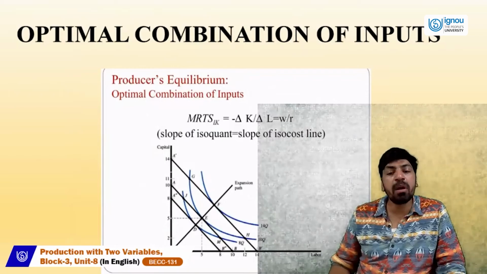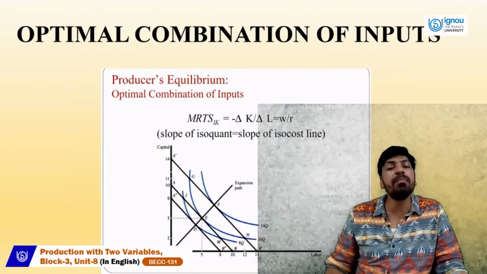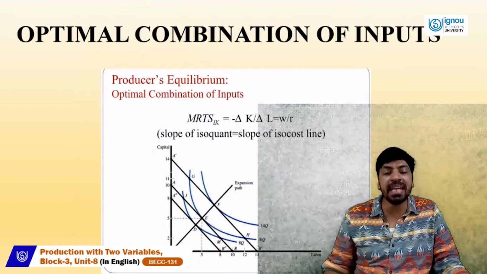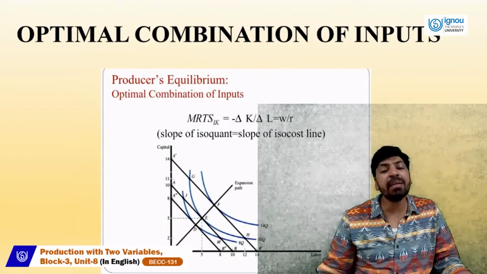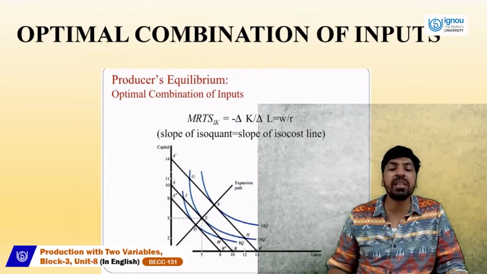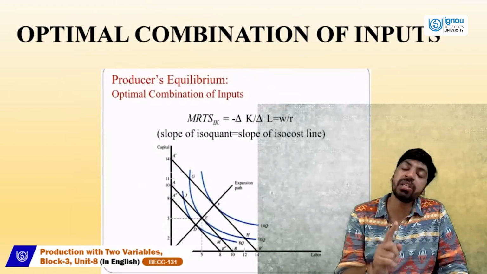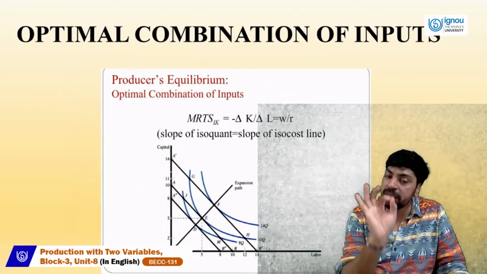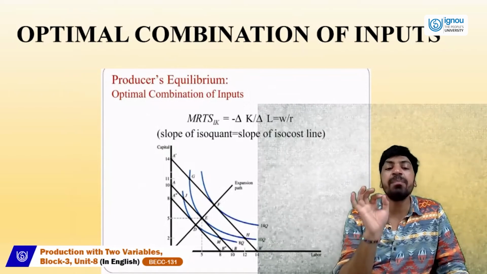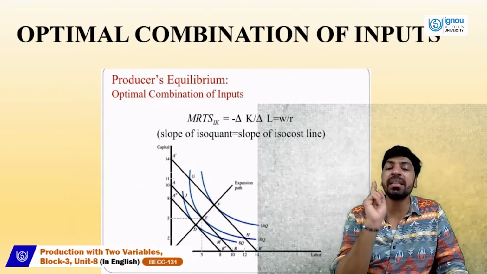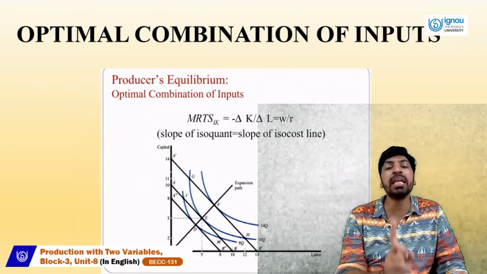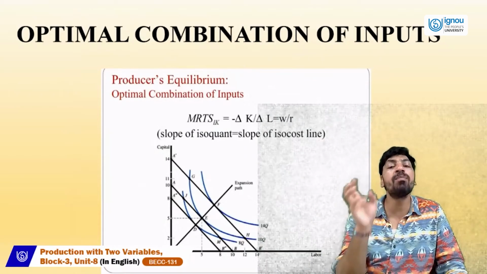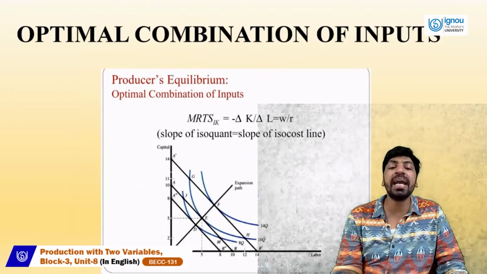So when we talk about the optimum level of output, it stands at E. Why? Because AB is the original budget line, and on the original budget line, the isoquant curve intersects at the center point, namely E, and that point is called the equilibrium point, which shows the optimum combination of both inputs, labor and capital.